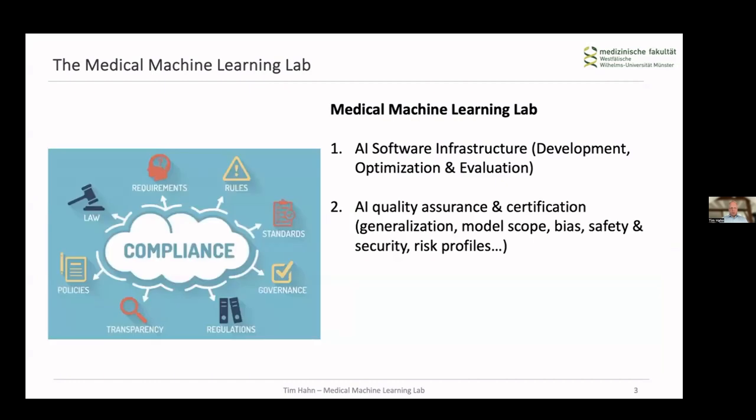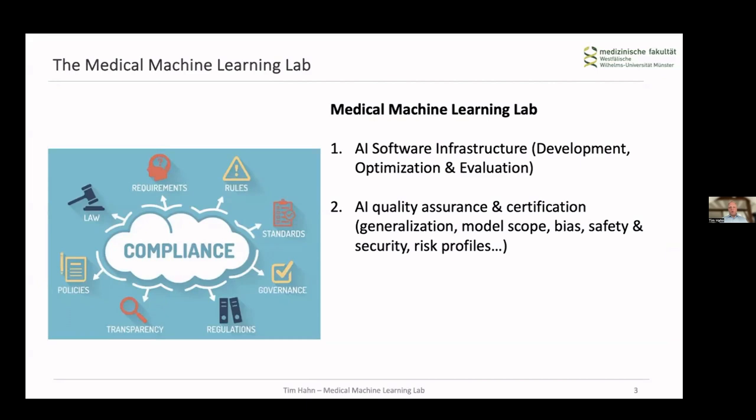And what my group's also doing, which makes sense in this context, is we look at AI quality assurance and certification. So we look at how do these models that we build find their way into clinical practice? How do they generalize? What is their model scope, meaning for which patients can I use them, for which patients can I not use them?